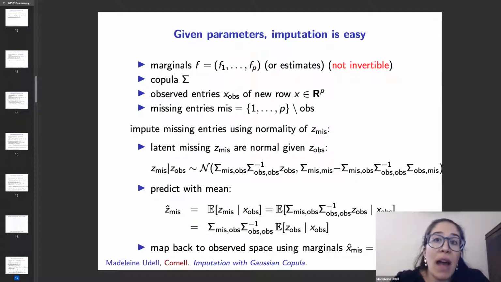Now I want to map this back to the observed space again using the marginals. So everything goes as before, and I can compute this expectation again using the correlation matrix.